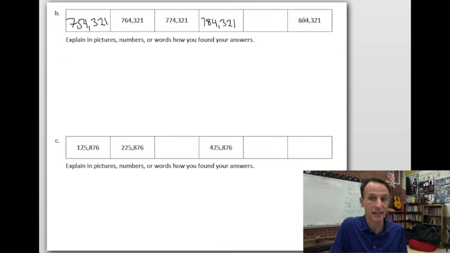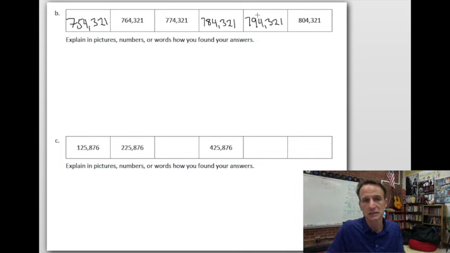If we're doing this right, that 8 down at the end there will make sense very soon. 754, 764, 774, 784, 794,321. Ah, yes, 794 and 10,000 more will be 804,321.